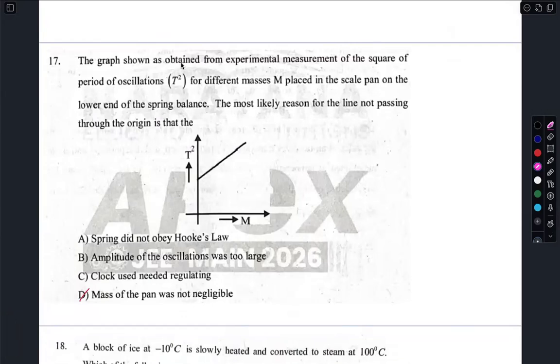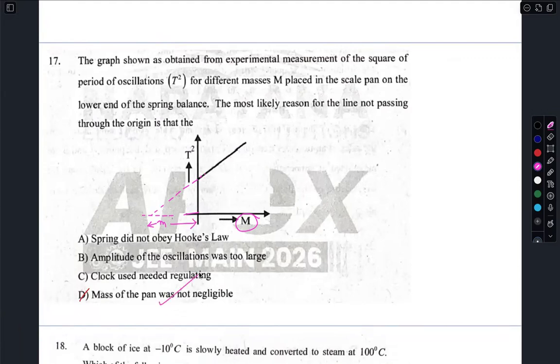While measuring, the graph shown is obtained from experimental measurement of the square of the time period for different masses M placed in the scale pan on the lower end of the spring balance. The most likely reason for the line not passing through the origin is that you took only M. If you take M plus some additional mass, which you should consider, then the mass of the pan was not negligible.